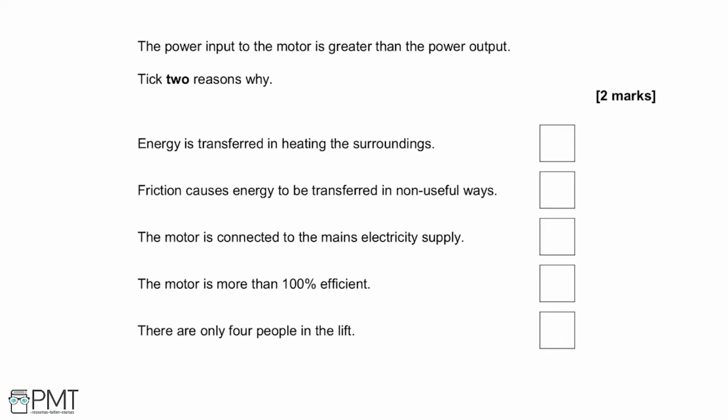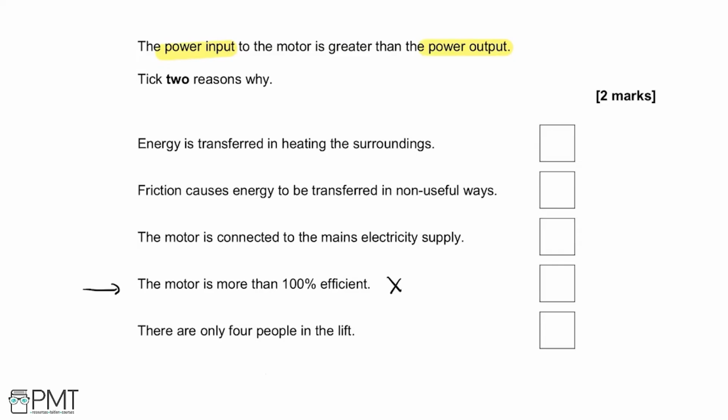The first one that would stand out to me as being untrue is that the motor is more than 100% efficient. If it was more than 100% efficient, then the power output would be greater than the power input. But we're told that the power input is greater than the power output, so that can't be true. So we can put a little X there.